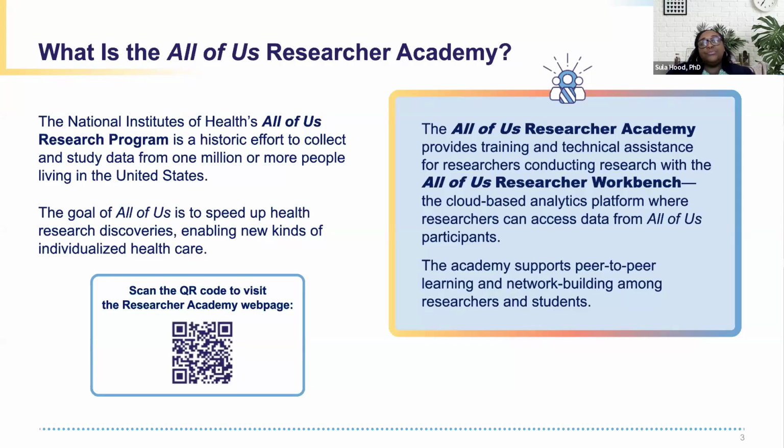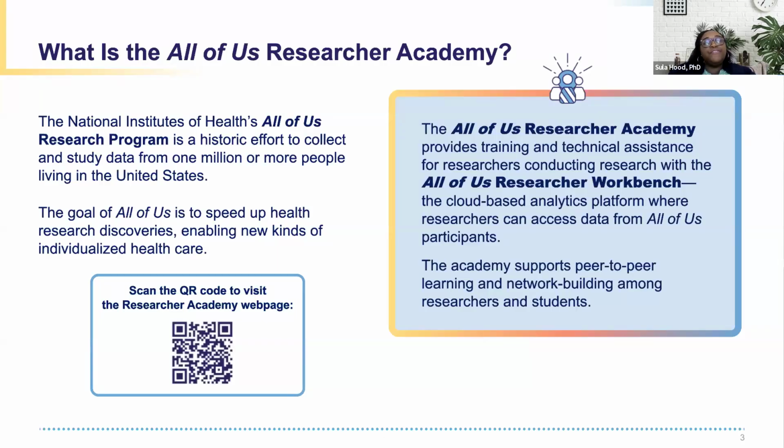The National Institutes of Health All of Us Research Program is a historic effort to collect data from 1 million or more people around the country to learn about health conditions and to learn about how to improve people's lives. A goal of the All of Us research program is to speed up health research discoveries and enable individualized medicine and advanced precision medicine. So, a little bit about how our Researcher Academy fits in.